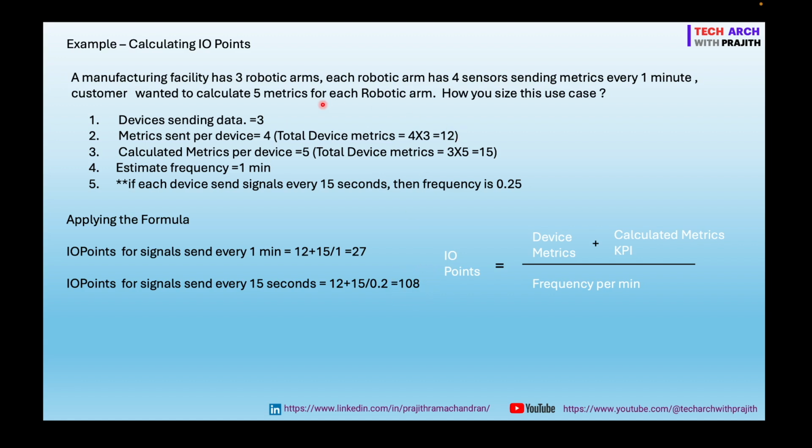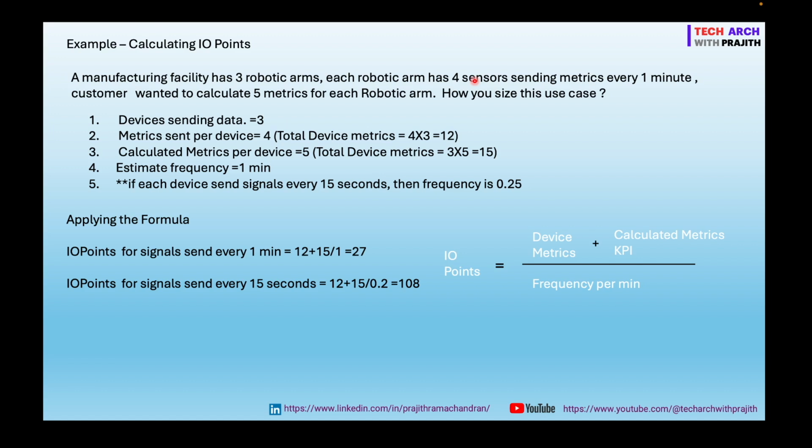So this is just 3 robotic arms sending signals. There are four devices. But imagine in your IoT ecosystem you will have numerous devices sending signals at various times. So the calculation is not that easy, but it's not that complicated either.